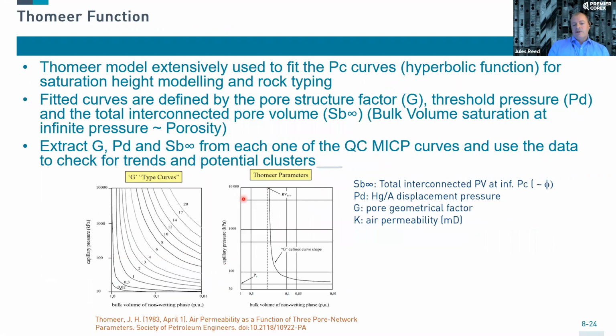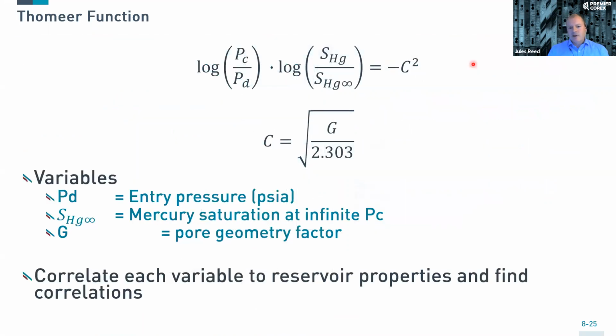The Thomeer function is basically set up for the mercury injection process. We have three parameters, three variables in the process: G, PD, which is basically the entry pressure, and SB infinity, or S mercury infinity, the mercury saturation at infinite pressure. And this is the equation for that, rearranged slightly.